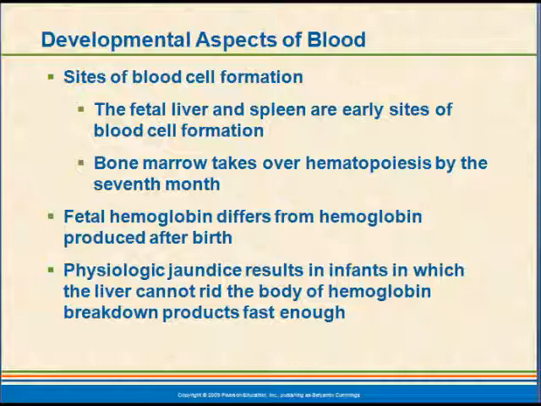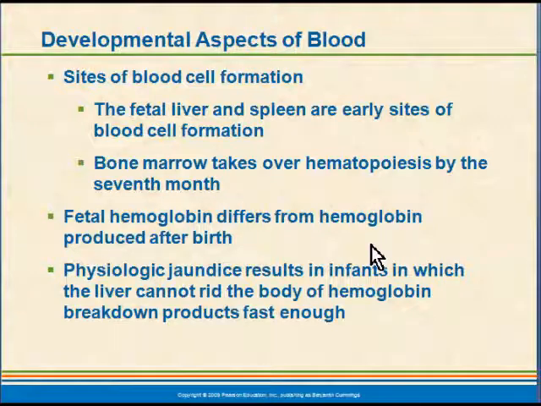It's in the adult, it's after childbirth, I should say, that bone marrow takes over this process of hematopoiesis. You should know that when I'm asking a question about where blood cells are formed, I'm asking about adult, unless I specified in the fetus. I want you to know that hematopoiesis is taken care of in bone marrow.